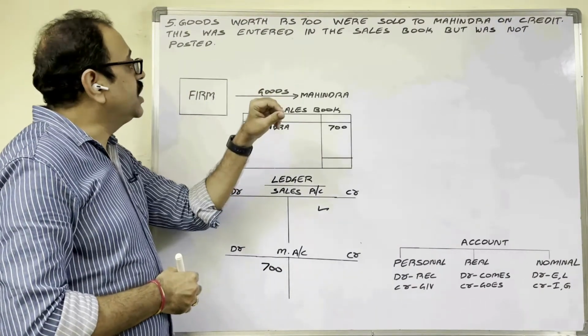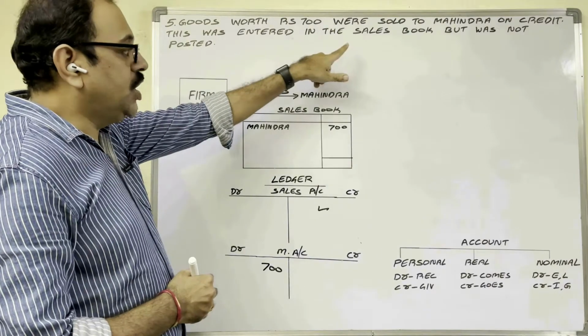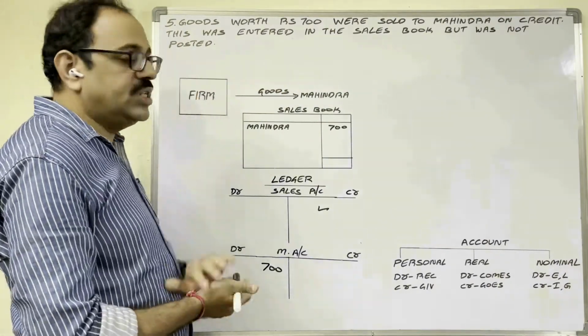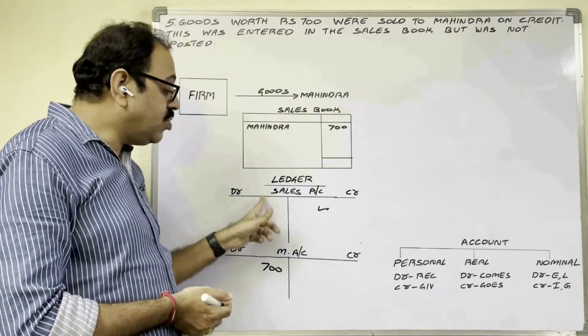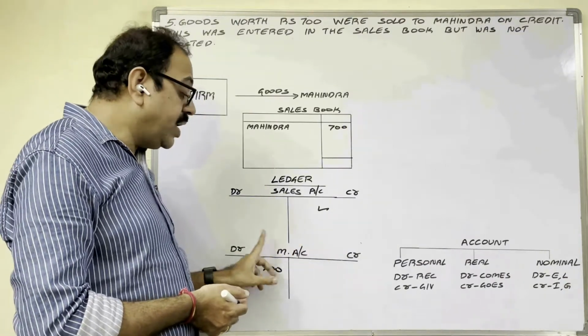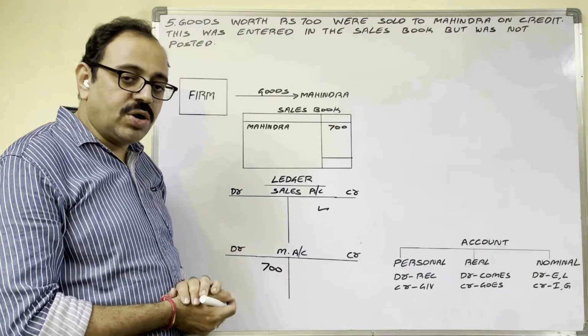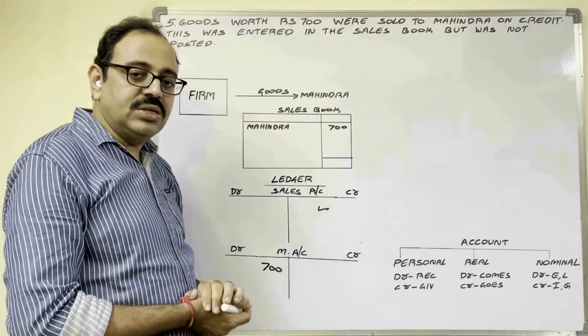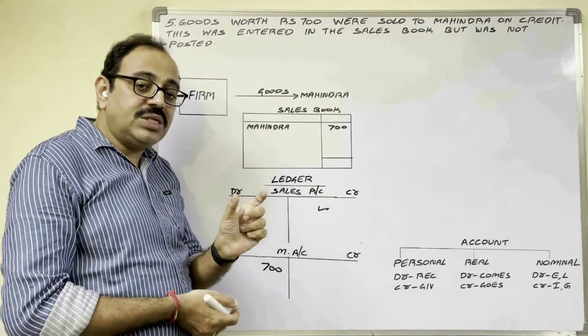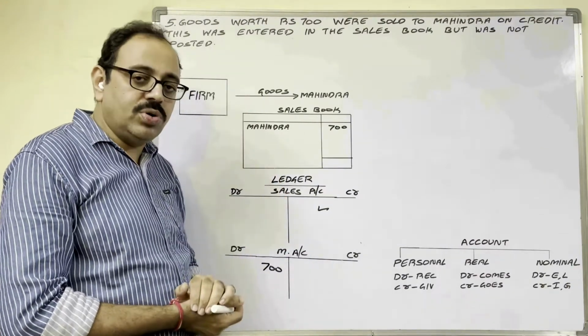Now see what the mistake is. This was entered in the sales book but was not posted. Not posted means a doubt comes: in the sales account they have not posted, or in Mahindra account they have not posted. He is giving a 700 rupees transaction. In which account should we post this 700 rupees transaction?